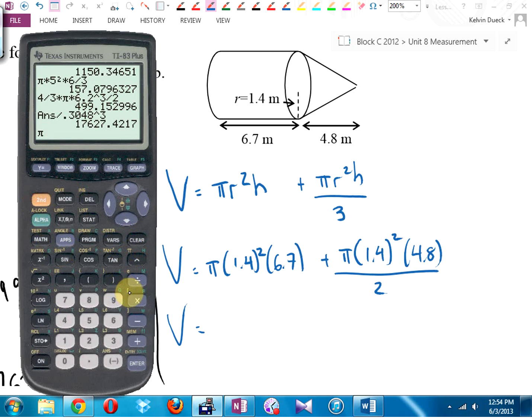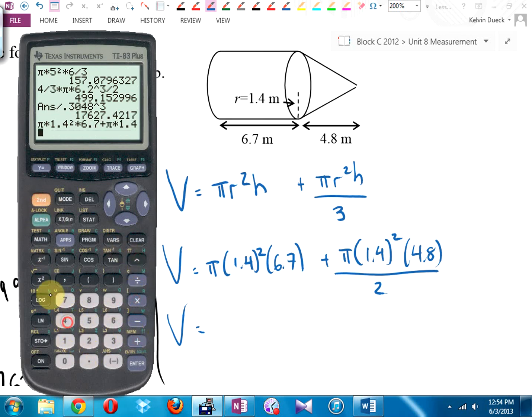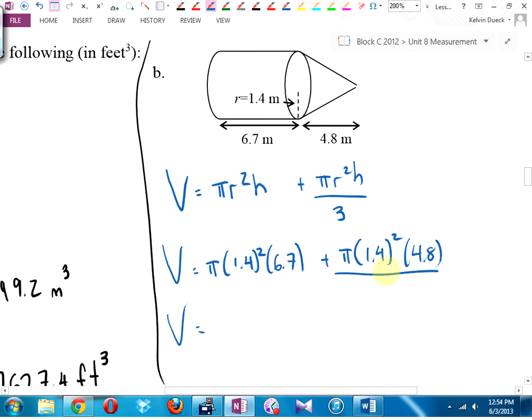Can I type this all in one line? I think I can, because I have a good calculator. I listened to Mr. Dueck and got a half-decent one. Oh, divided by 2, Mr. Dueck? That's wrong. Divided by 3, it's a cone.